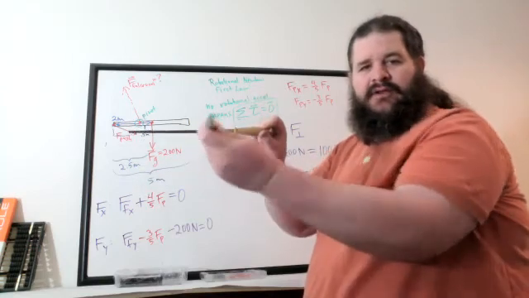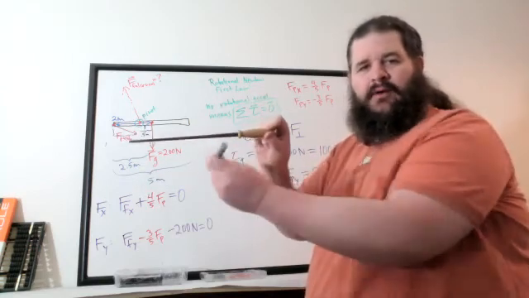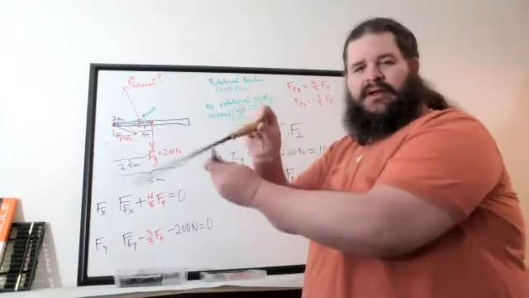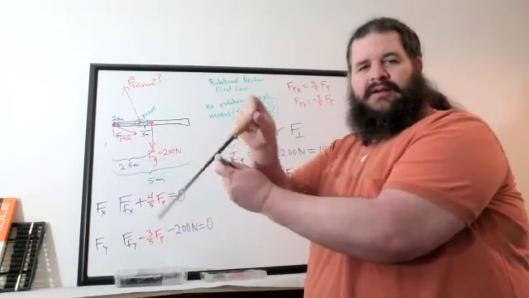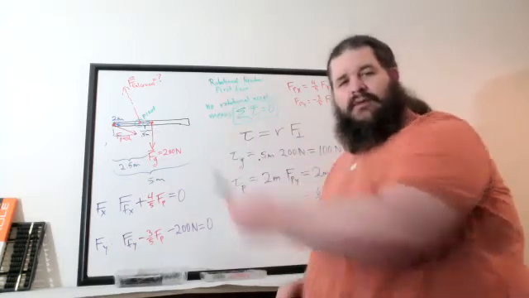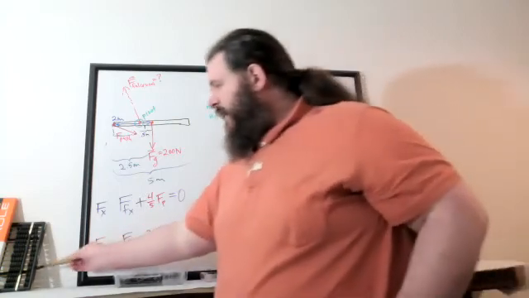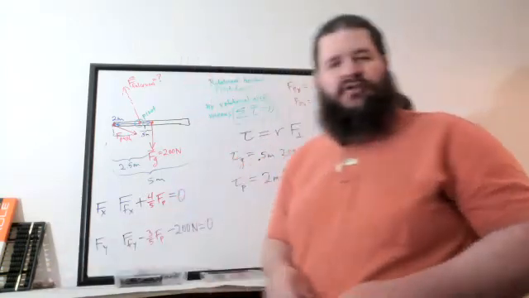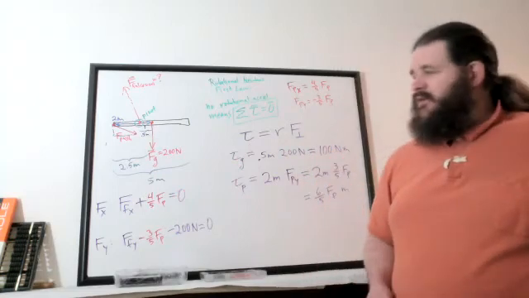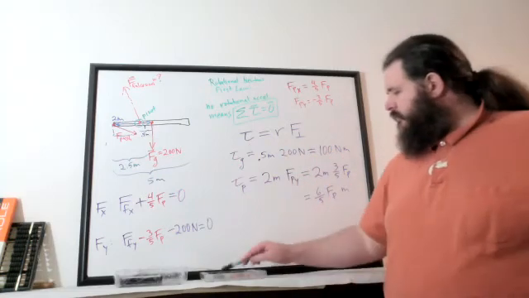So we want an axle that's pointing straight in and straight out of the board. So this axle allows the object to rotate in the direction we want. So the axis of rotation is straight in and straight out, which means the torque is going to be straight in or straight out. So that's what we're going to have to decide. We can choose the torque as either straight in or straight out.